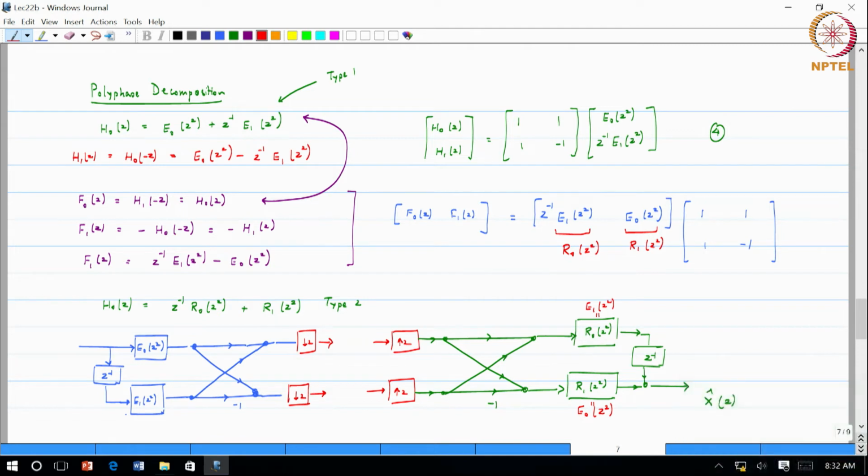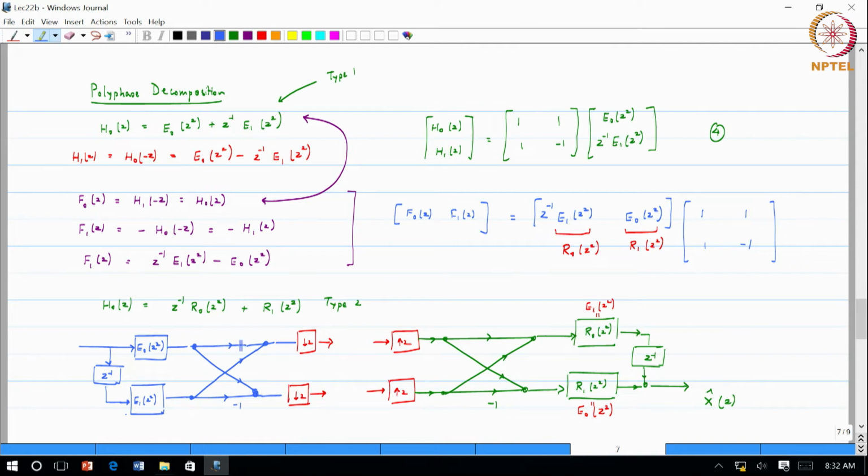Now, what you could do is move the downsamplers and the upsamplers and get a certain amount of insight. What you will find is that these two matrices will cancel each other because they are orthogonal matrices, and it will basically become a scale factor of 2, because when you multiply these two you get only diagonal elements equal to 2.